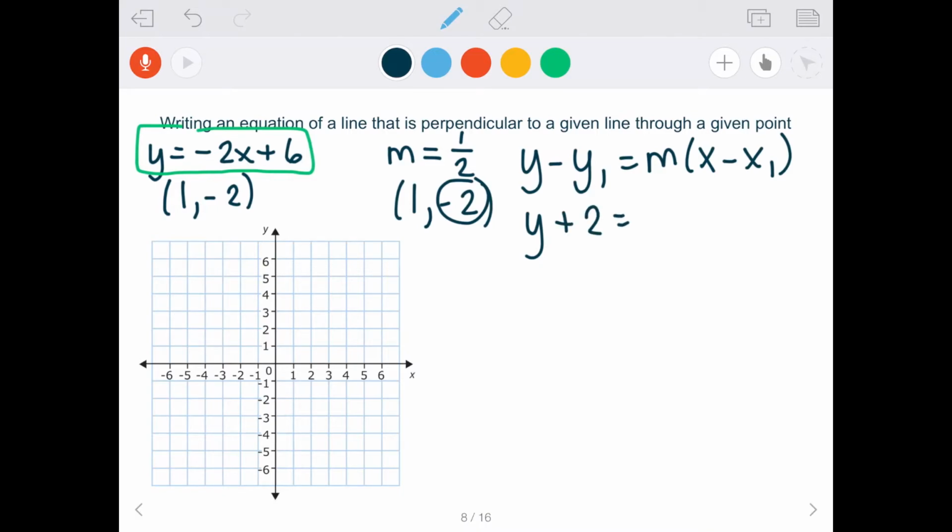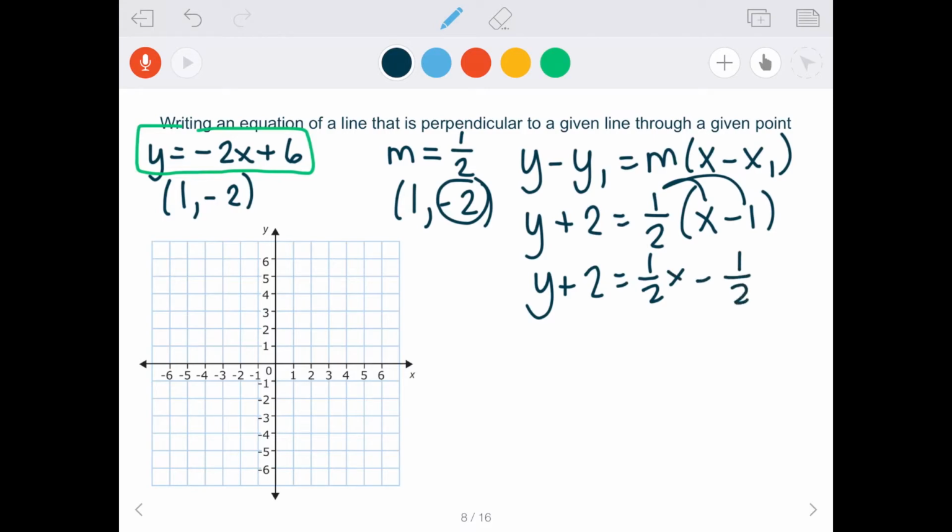My new slope now is 1/2. We're going to distribute. And we're going to subtract. All right, and 1/2 minus 2 is -2.5. If you want to do -2.5, that's fine with me. We'll be able to pretty well locate the y-intercept there, okay?